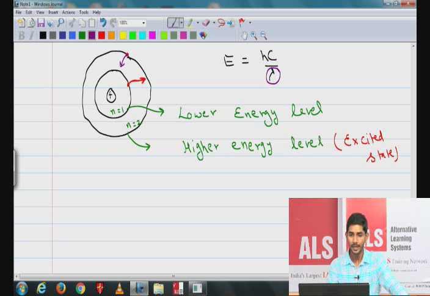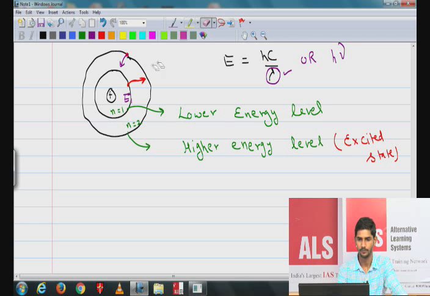So in every case, energy is related with it, and energy always has a wavelength. Or we can say, using another formula, E equals h nu, it will have a certain frequency. So this is your E1, the lower energy level, and this one is your E2.